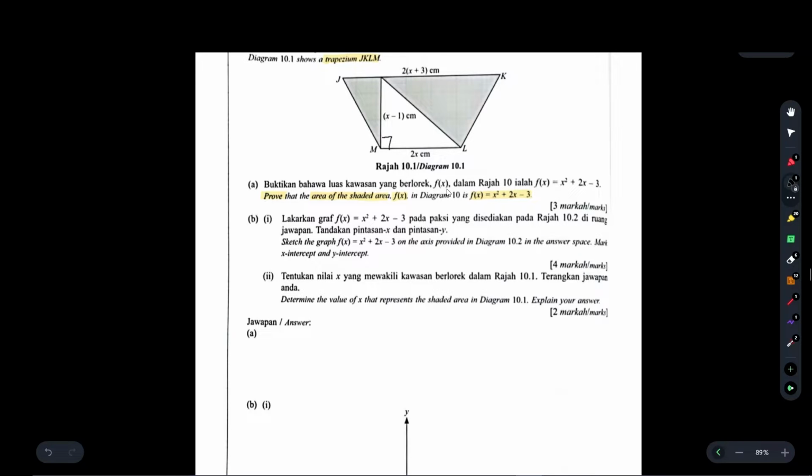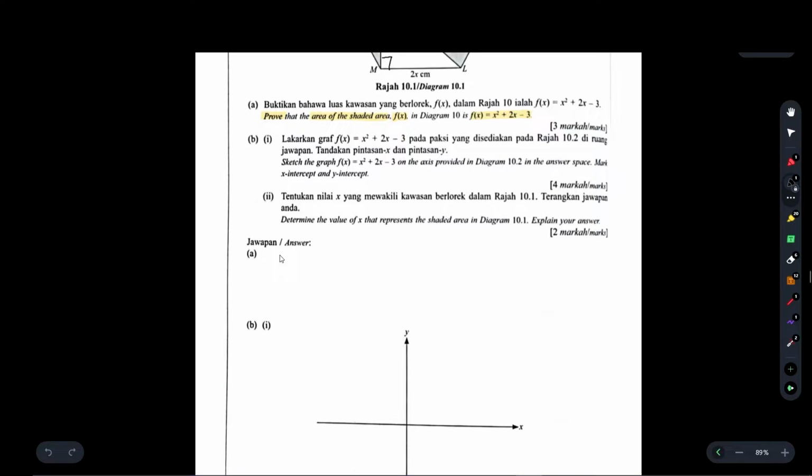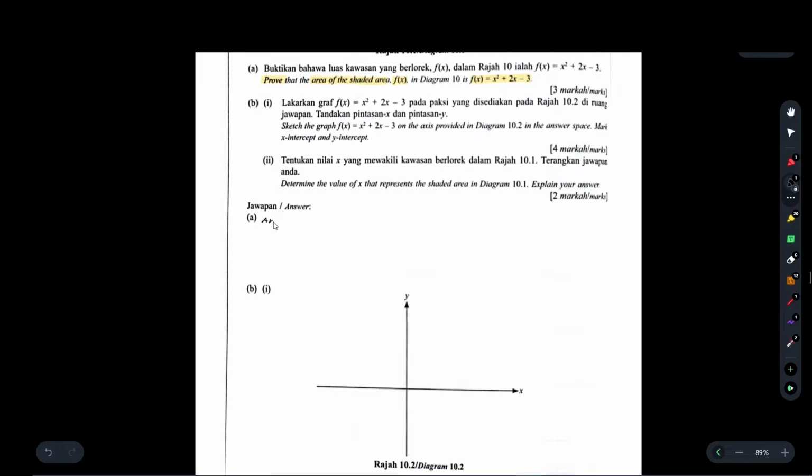So how do we find the shaded area? We basically just have to find the area of the trapezium and then subtract the area of the triangle, and we will have the shaded area. First, let's find the area of the trapezium.